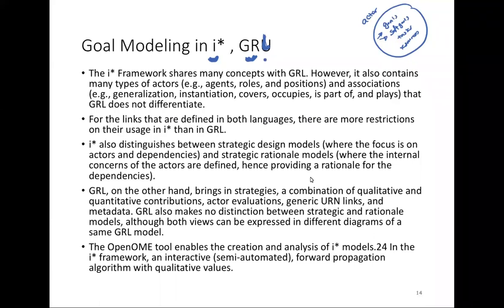So GRL is for goal-based modeling, while most of the notations that use I-star, we call agent-based modeling. In the I-star notation, there are many types of actors like agents, roles, and even positions.